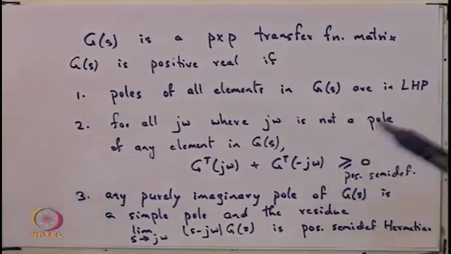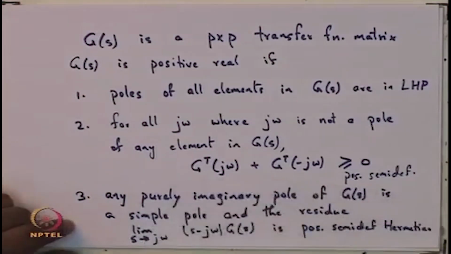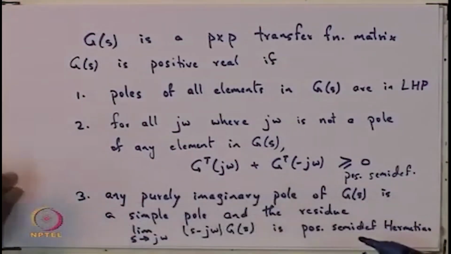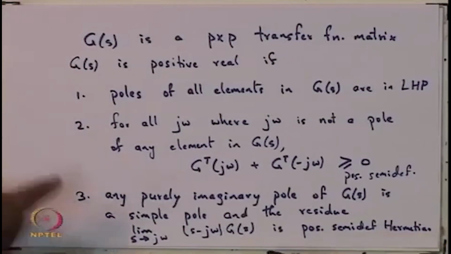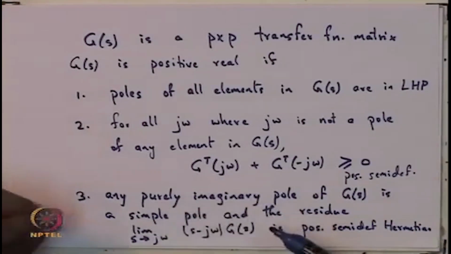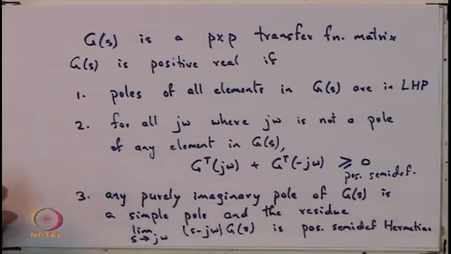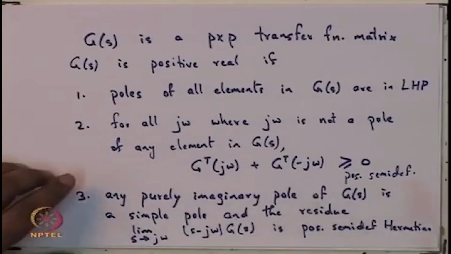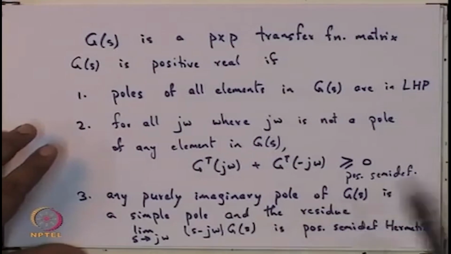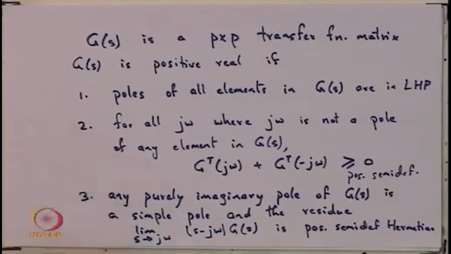So, these two conditions are there; this is an additional condition that appears in the matrix case. In the scalar case, this is clearly true, but in the matrix case it is a bit more involved, and therefore, this condition makes its appearance. So, this is the definition for positive realness as far as matrices are concerned.